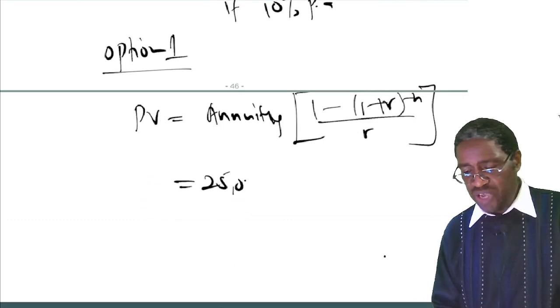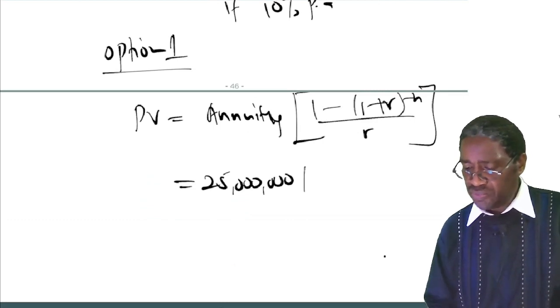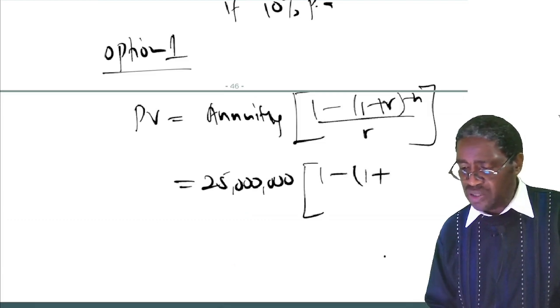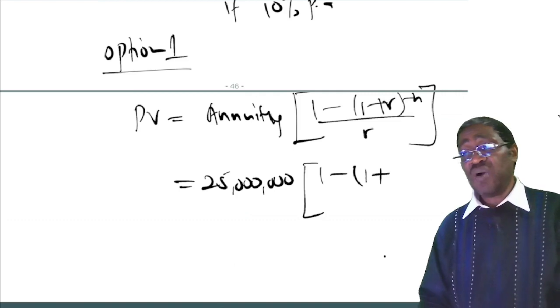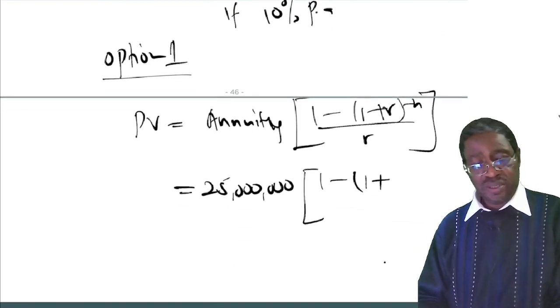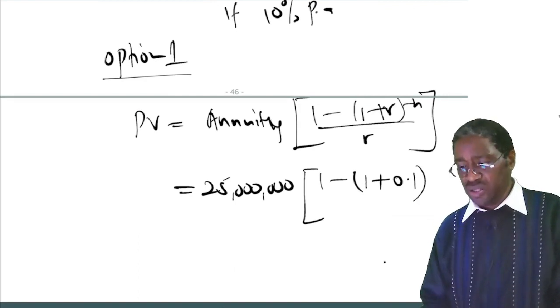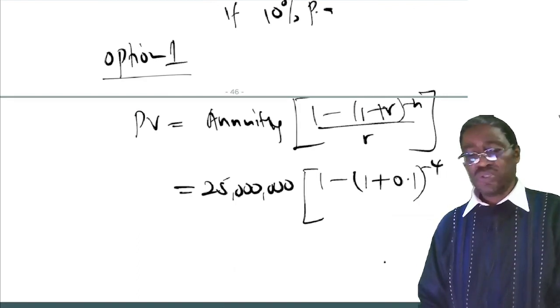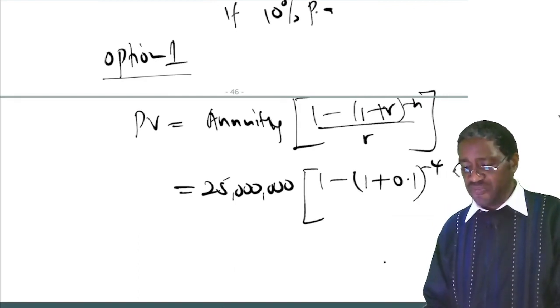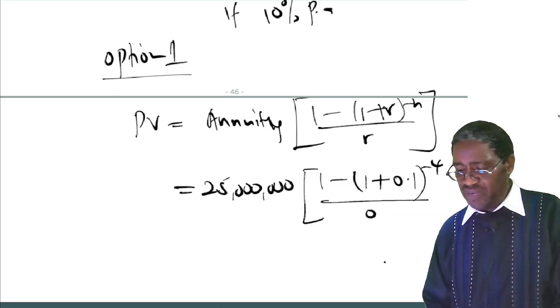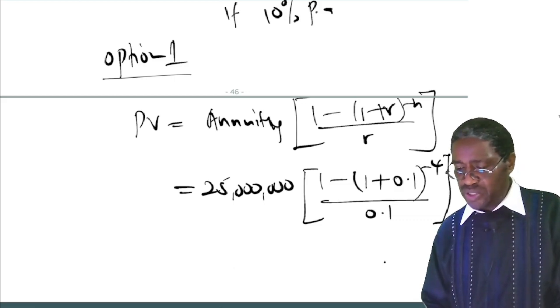This will be 25 million into 1 minus 1 plus 0.1, since our R is 10%, to the power of negative 4, everything divided by R, which is 0.1.